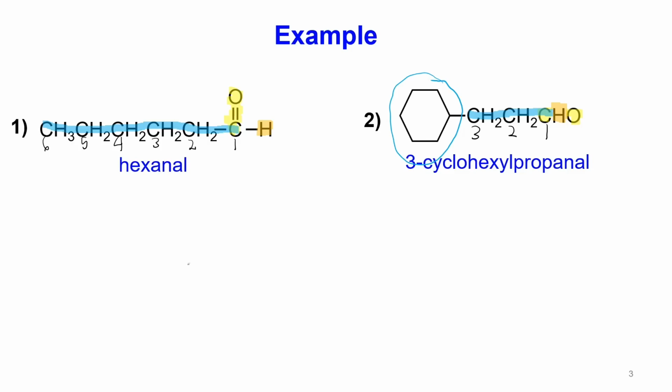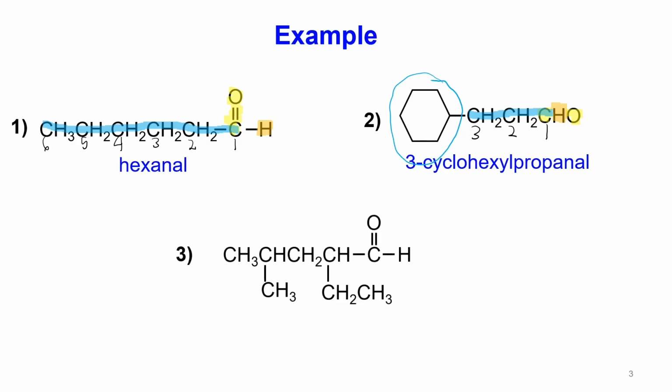Example 3. The structure contains a carbonyl group, which is carbon double bonded to oxygen, and has one hydrogen atom at one side. The longest continuous carbon chain containing the carbon double bond O is 1 carbon, 2 carbon, 3 carbon, 4 carbon, and 5 carbon.